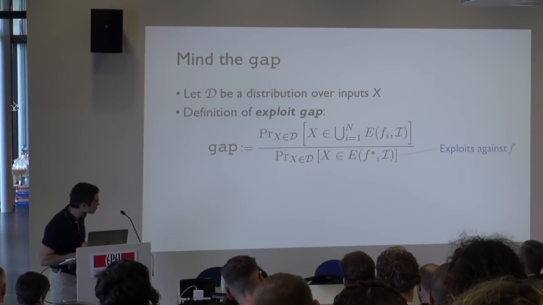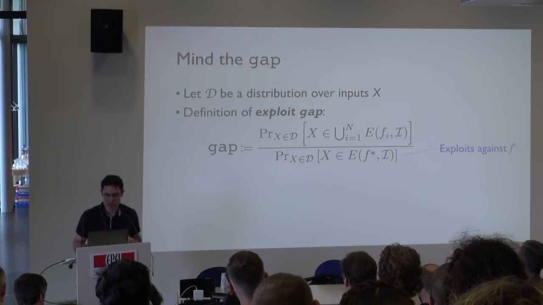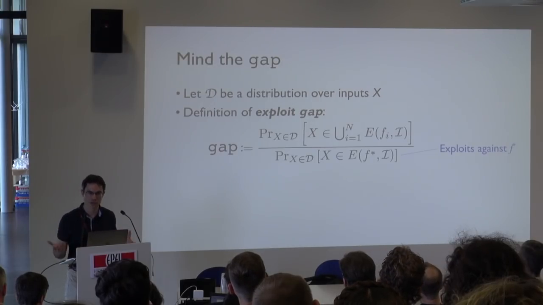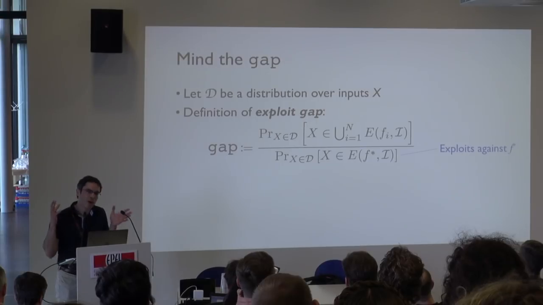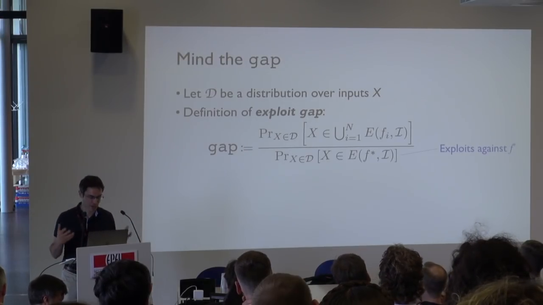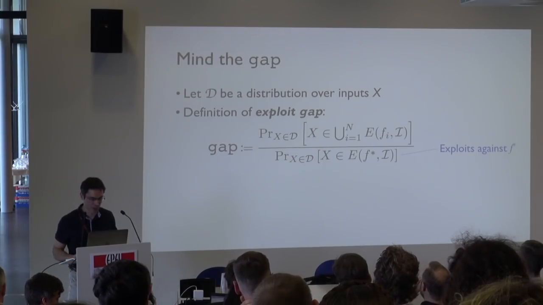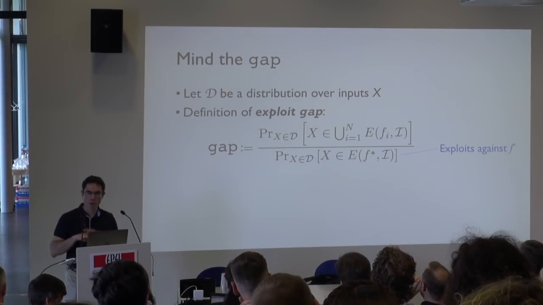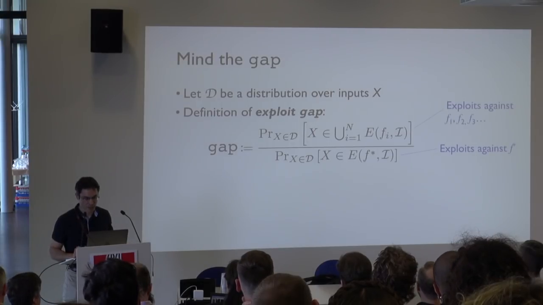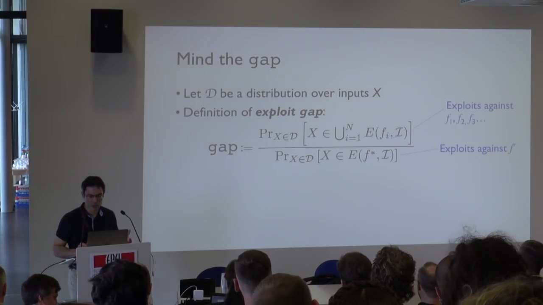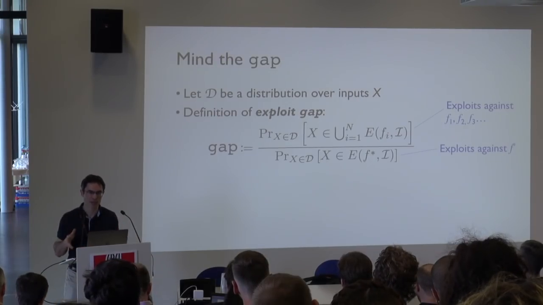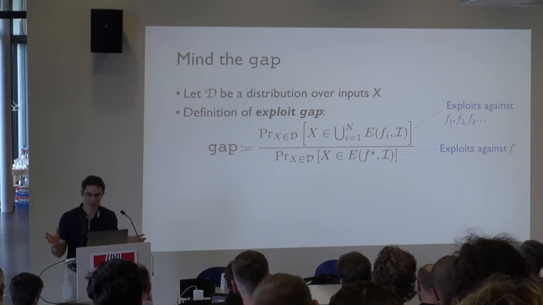Intuitively here, in the denominator, you have the set of exploits against the meta program, against the transformed program, or the weight, as it were, on the inputs that cause a divergence of state for this meta program from the ideal program. Okay, so this is kind of the weight of inputs that produce bugs on the transformed program. In the numerator here, you've got the set of exploits against individual programs, making up the ensemble in this meta program.